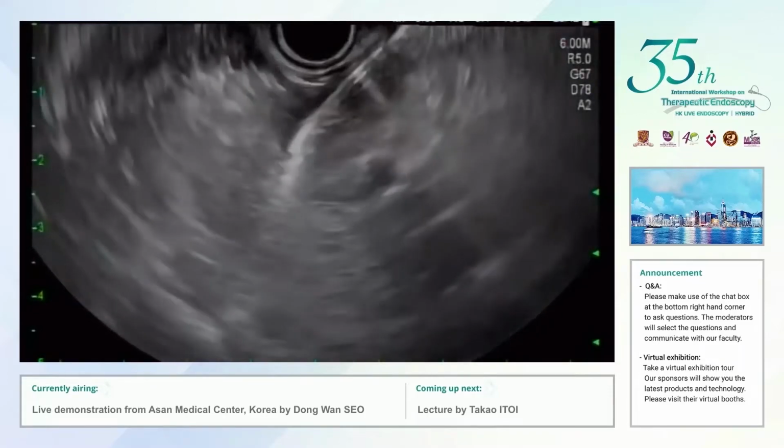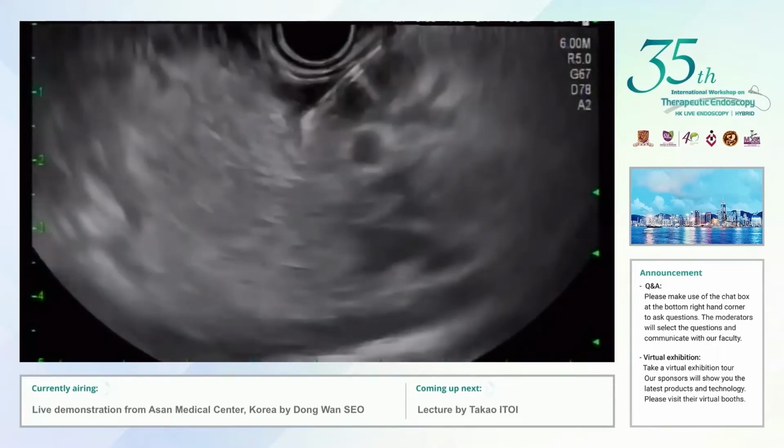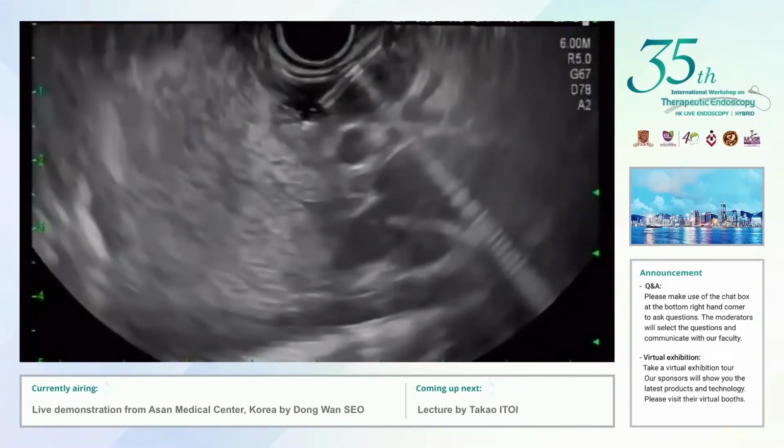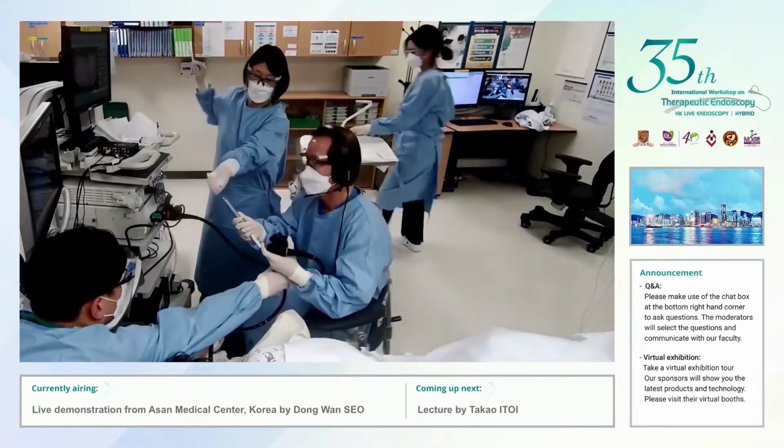I wait a little bit of time. Now I can see the tenting sign again. I will try to remove the sample again.